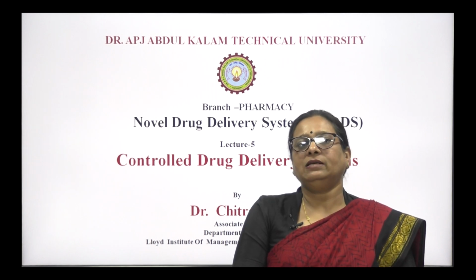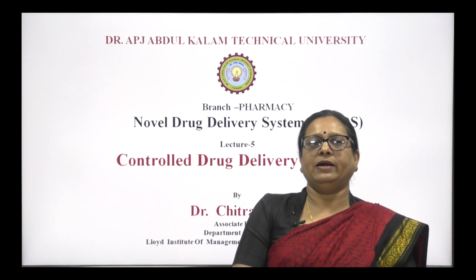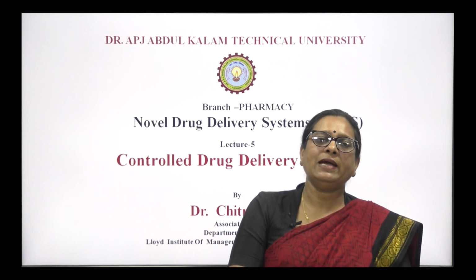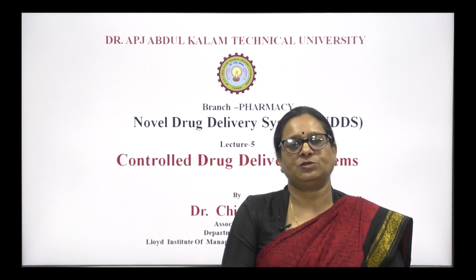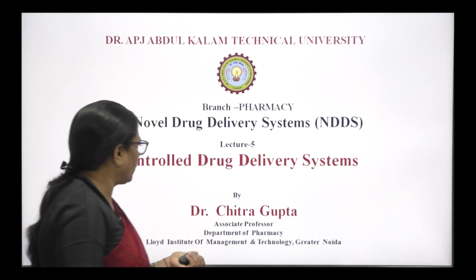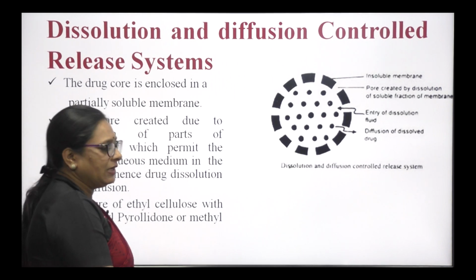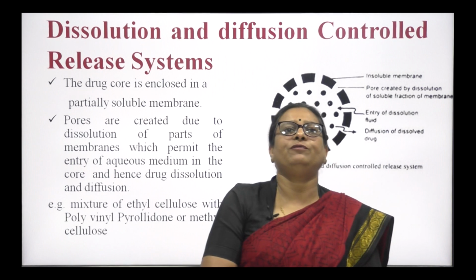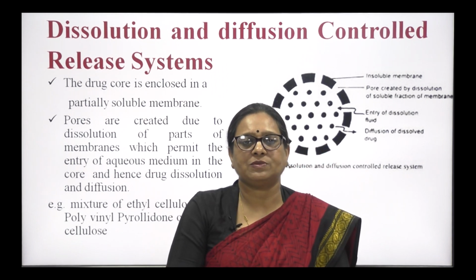And then we said that there are two possibilities: we can fabricate these systems as reservoir types or matrix types of systems. Going on to the third approach for making controlled drug delivery systems, these are called dissolution and diffusion controlled release systems.